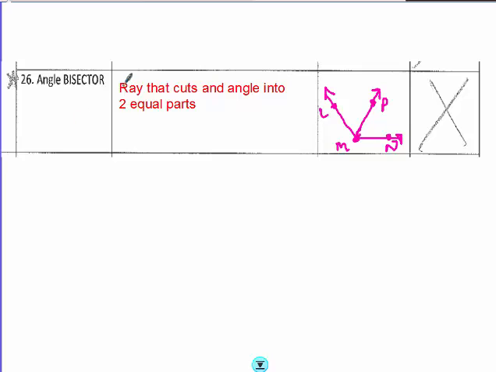So they would say something like this: they would say that ray MP bisects angle LMN. What that means then is that angle LMP, this top half here, is going to be congruent to angle PMN, the other half over here.